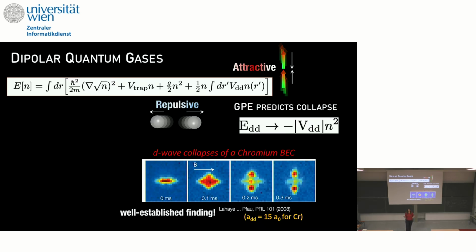And this is always true in nonlinear interaction, okay? So if you have these two sources of nonlinear density-dependent interaction, there is always attraction that wins.